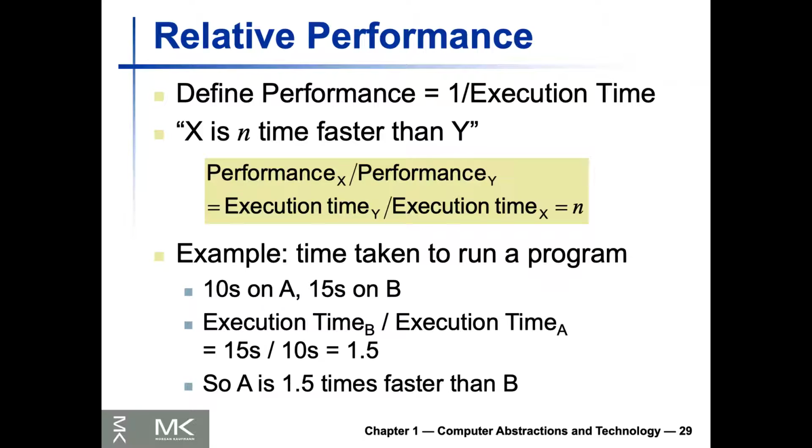The faster the performance is, the lower the execution time. For instance, a program takes 10 seconds on A and 15 seconds on B, right? So the execution time of B divided by the execution time of A is going to be 1.5. Thus, from a performance point of view, A is 1.5 times faster than B, right? Is it clear?